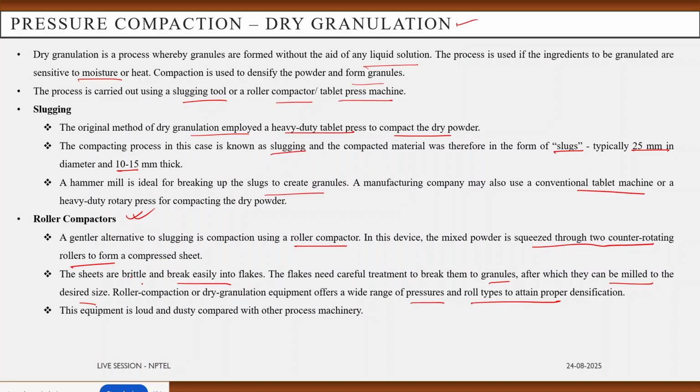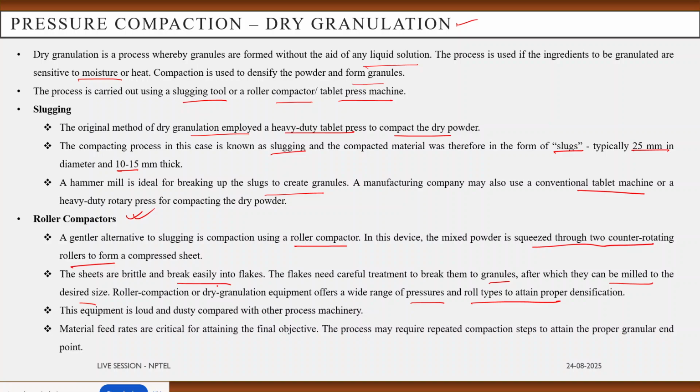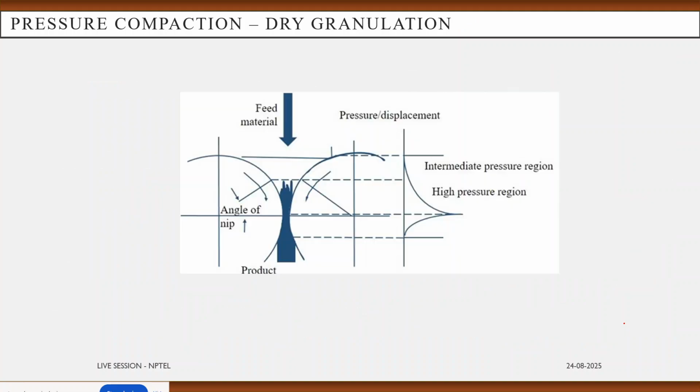This equipment is very loud and dusty compared to the other process machinery, and the material feed rates are very critical for attaining the final objective here. The process may require repetitive compaction steps to attain the proper granular size and quality at the end.